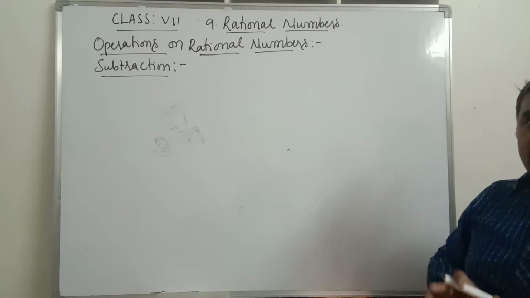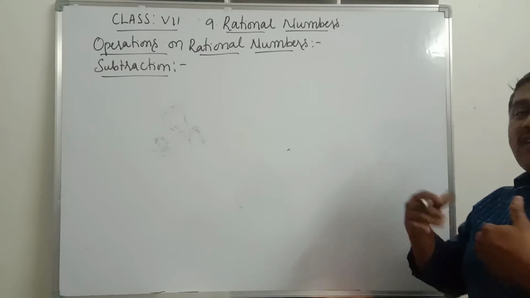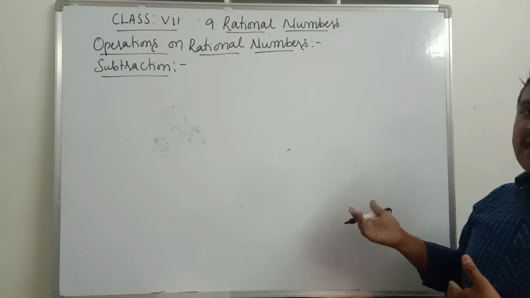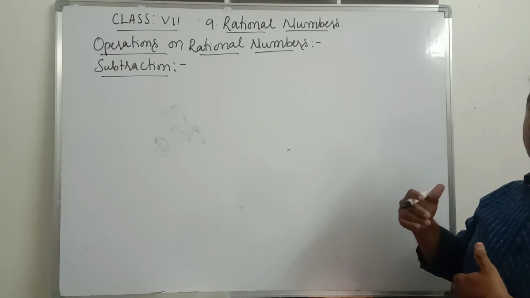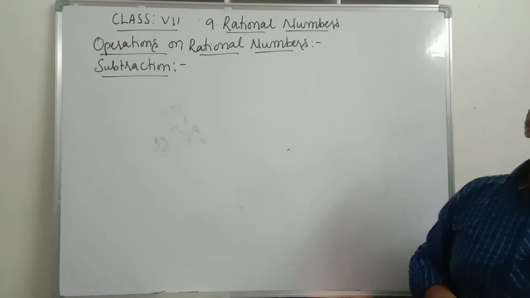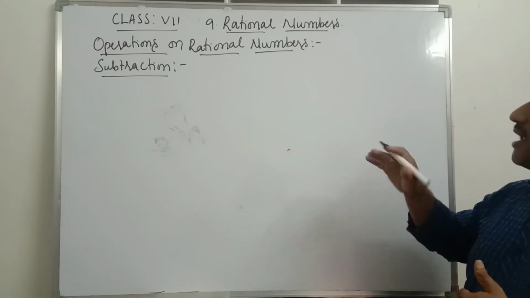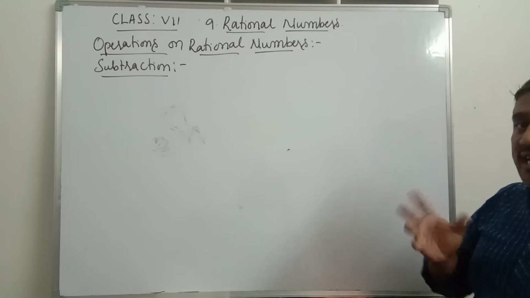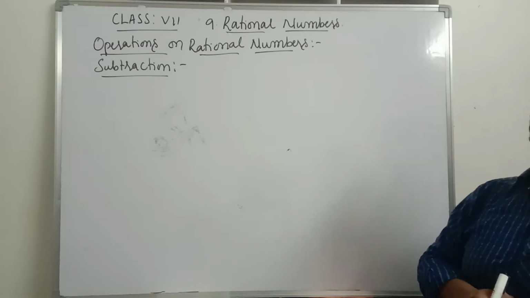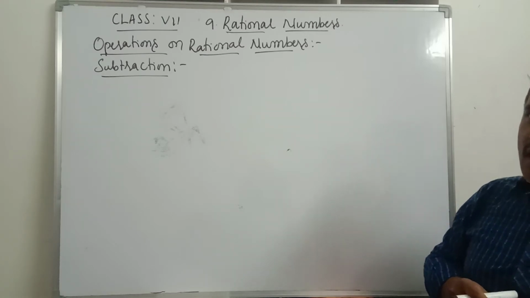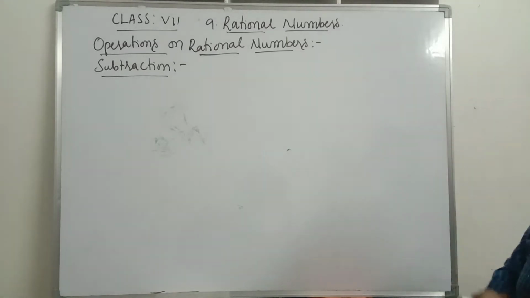Subtraction of integers is nothing but the addition of the additive inverse of the second integer to the first integer, or if it is fractions, addition of the additive inverse of the second fraction to the first fraction. Similarly here, subtraction of two rational numbers means addition of the additive inverse of the second rational number to the first rational number. Same concept will follow here.